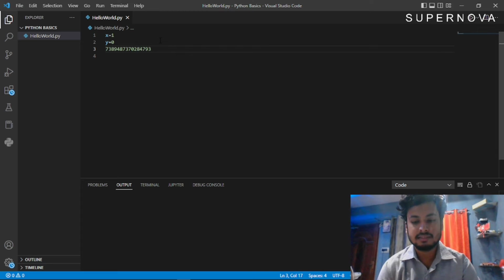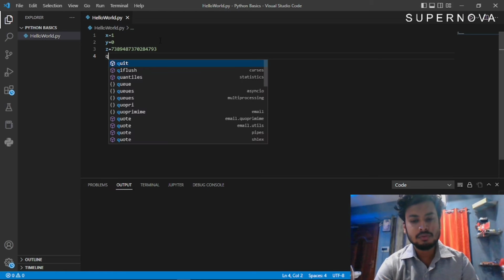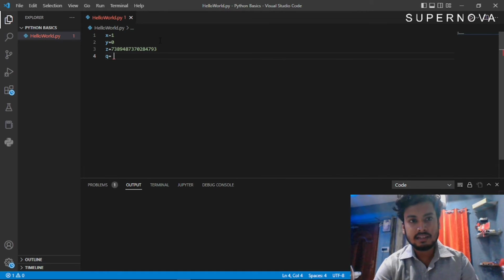This one I will take as z. After that let's take q equals a negative number, -3322. Then we will be printing the type of these numbers.